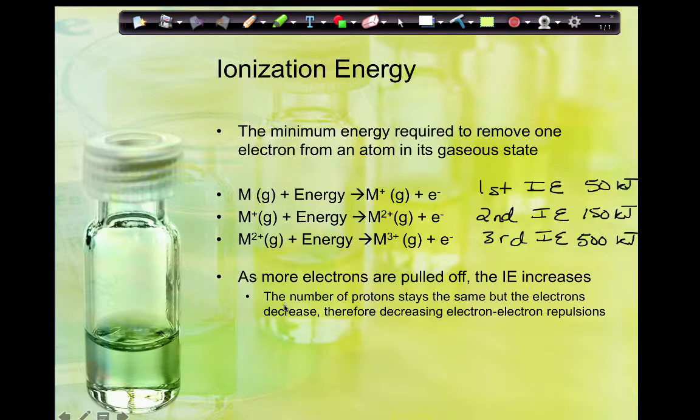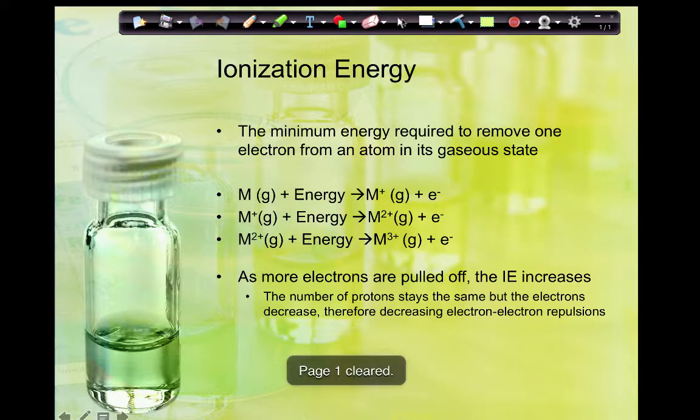The reason is that the number of protons is staying the same. Every time you take off an electron, you're removing one of the repulsions that the next electron would feel. So those electrons are now feeling the pull of the nucleus even more. They're more attracted to the nucleus, so it's going to take more and more energy to remove those electrons the closer we get to the nucleus and the more electrons that we remove.